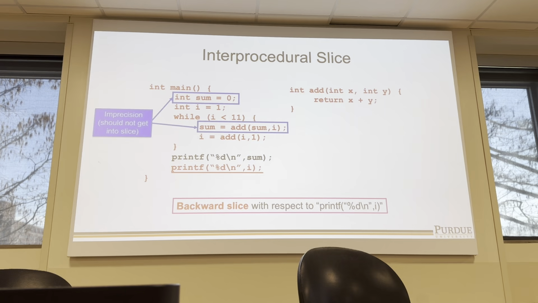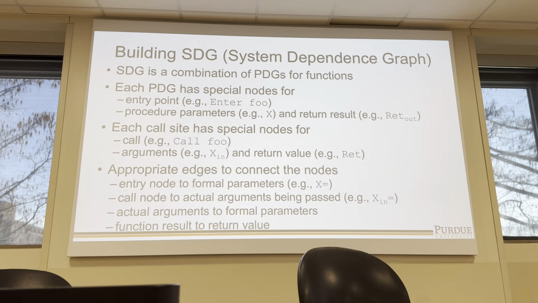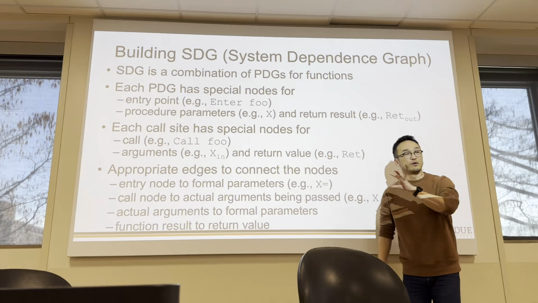That's a source of the imprecision. Of course, we need to solve this problem, and the two boxes which result from such imprecision are something that we need to bypass, right? We need to rule out those two irrelevant pieces of code.